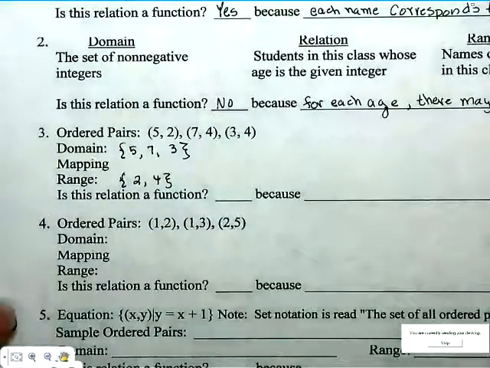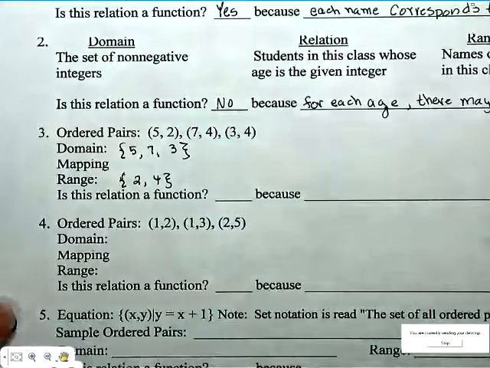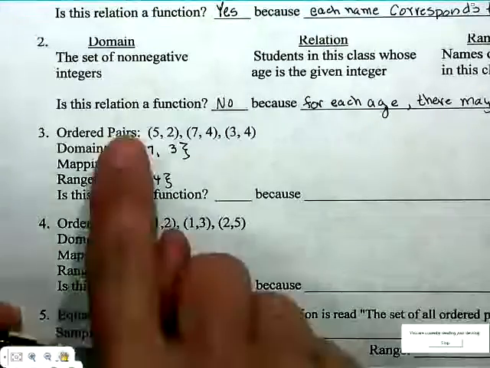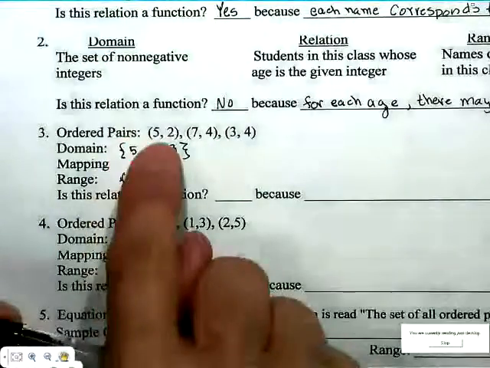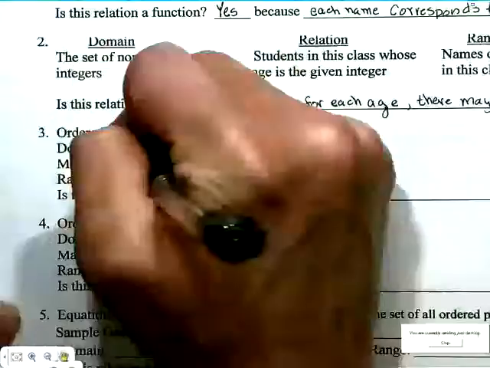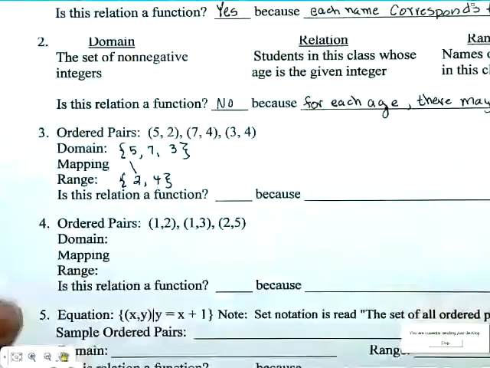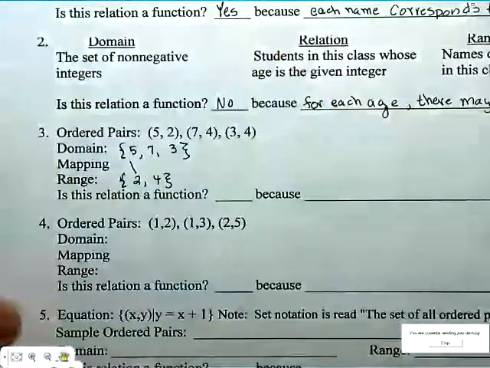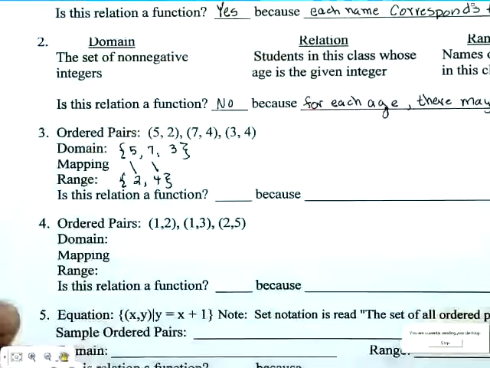By mapping, I just mean draw a line that shows what Y corresponds to which X. In the first ordered pair, 5 corresponds to 2. So I'm just going to draw a line showing that. In the second ordered pair, 7 corresponds to 4. And in the third ordered pair, 3 corresponds to 4.